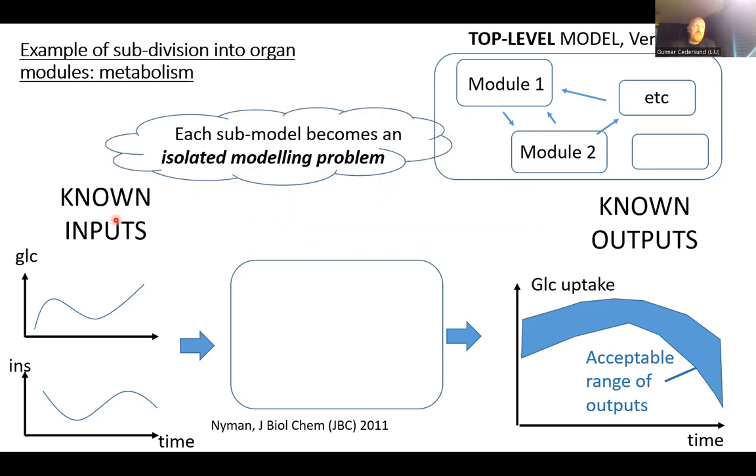And if you have that, then each model and simulation problem becomes an isolated problem, which you can deal with independently. So you can develop a model for the adipose tissue, or for the muscle, or for the heart, and for the brain, and so on, as a separate modeling problem. You can forget about the rest of the body, and it will work together with the other organ models as long as it fulfills this input-output relation.